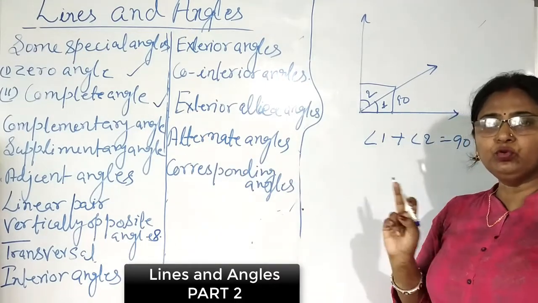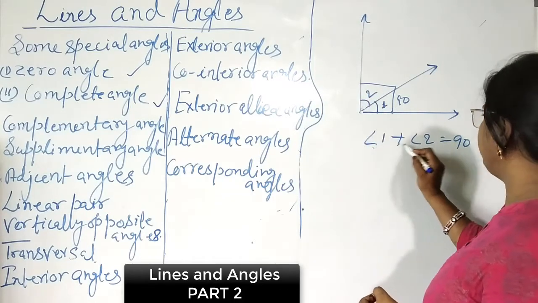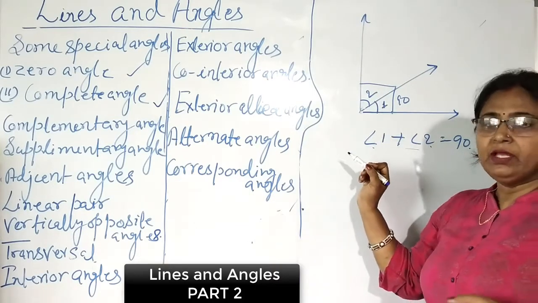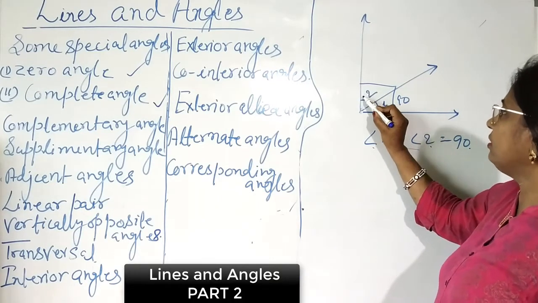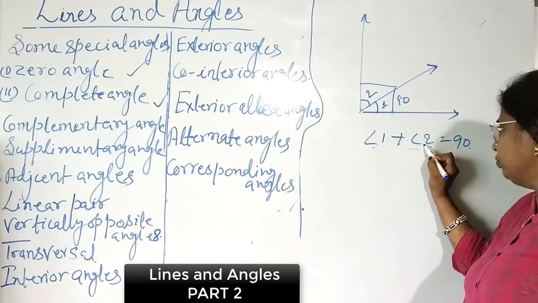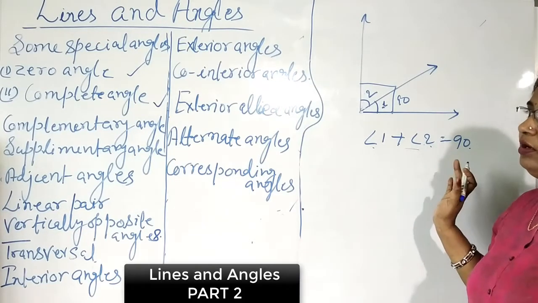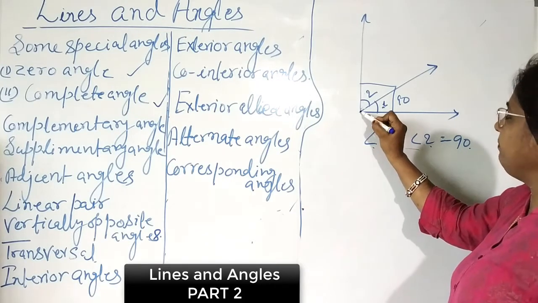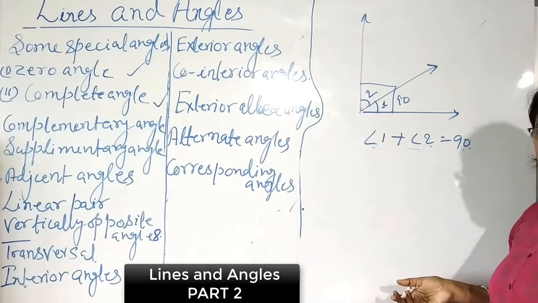That means the sum of two angles at the same point, if 90 degrees, is called complementary angle. The first angle is called the complement of the second and the second is called the complement of the first. That means angle 1 is the complement of angle 2 and angle 2 is the complement of angle 1. In this way, complementary angle is clear.